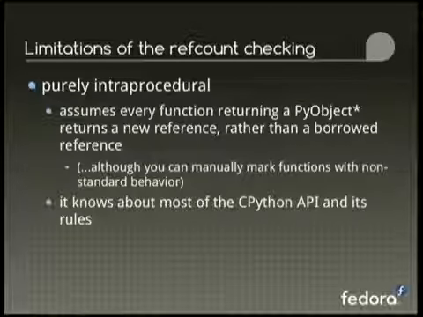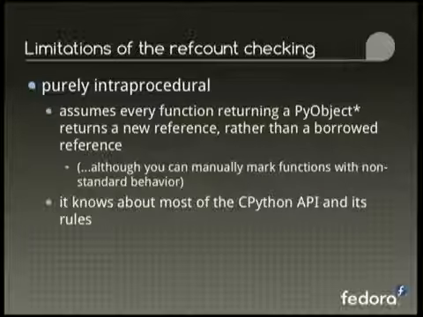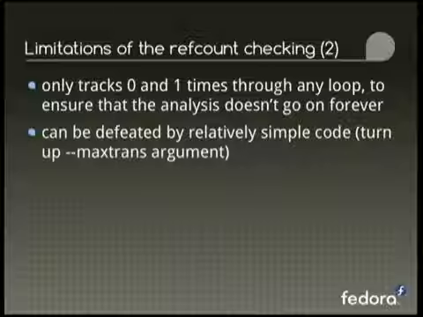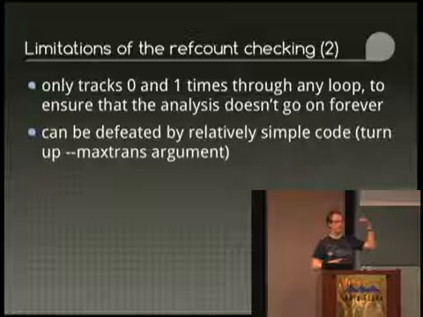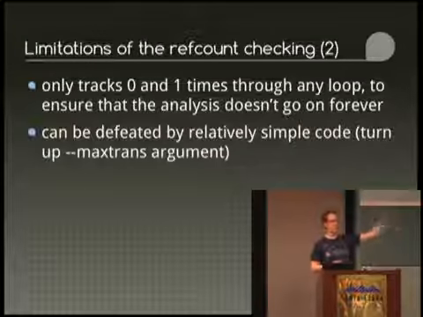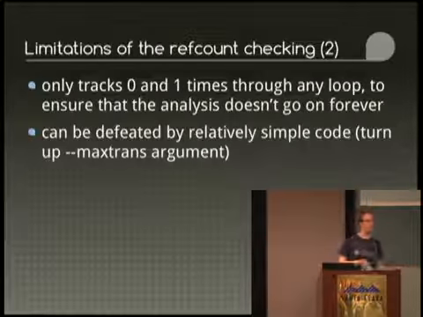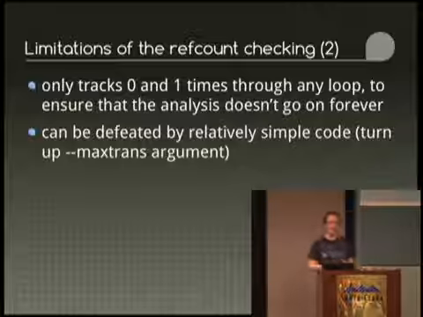That's another thing that can cause false alarms. But it knows about the ones in CPython that steal references. The way it handles loops is I optimized for precision of analysis of liveness of objects and pointers, which basically means I only ever analyze for a loop, not going into the loop and going 1 times through a loop. And then I basically give up to ensure that the analysis always terminates.